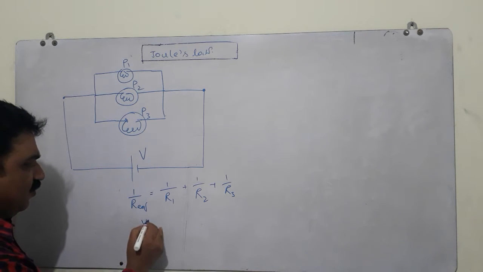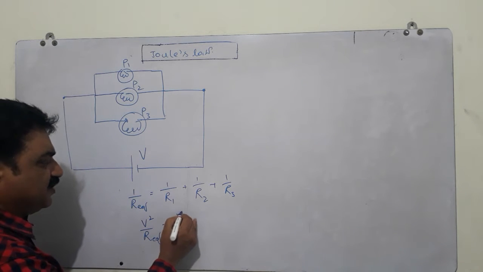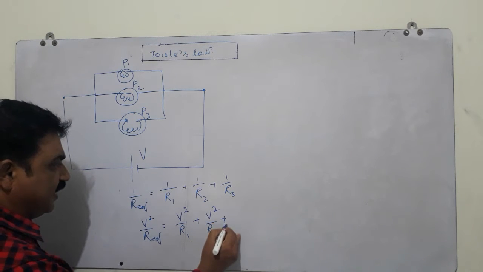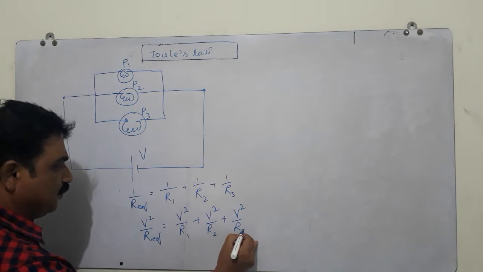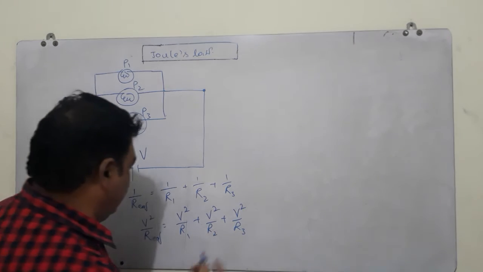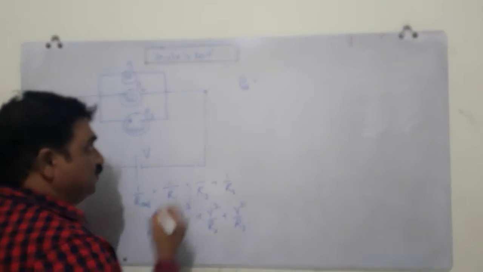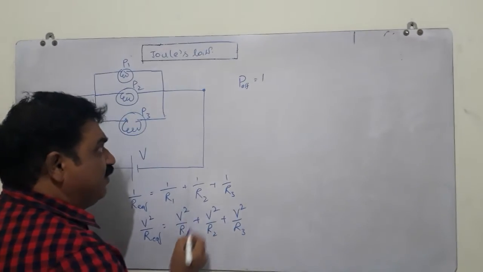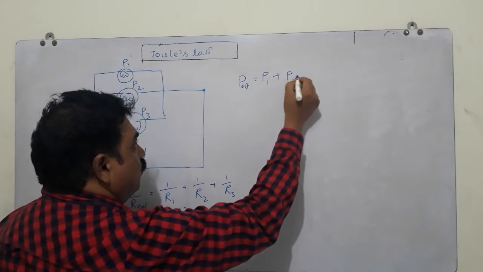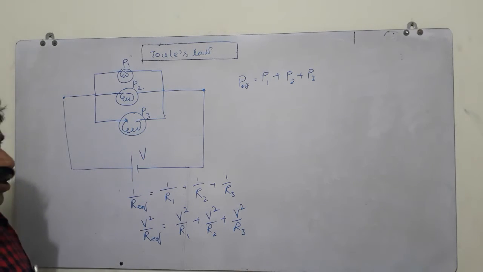Then you will get V square by R equivalent is equal to V square by R1 plus V square by R2 plus V square by R3. In this situation, this V square by R equivalent is the effective power of this combination, equal to P1 plus P2 plus P3 and so on, if you connect some more bulbs.